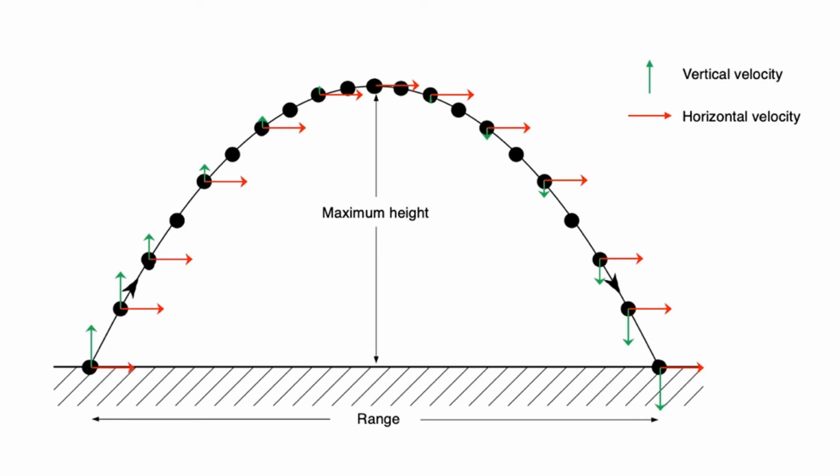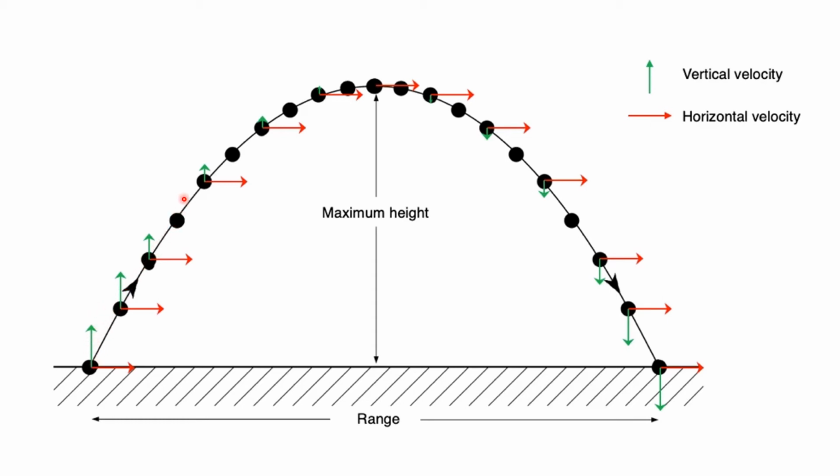So there's that. But what happens to the vertical component? I throw it at an angle, at that steep angle, and it has a large vertical component at the beginning.